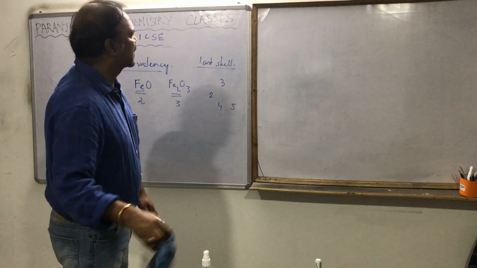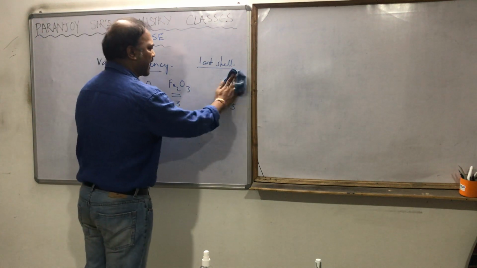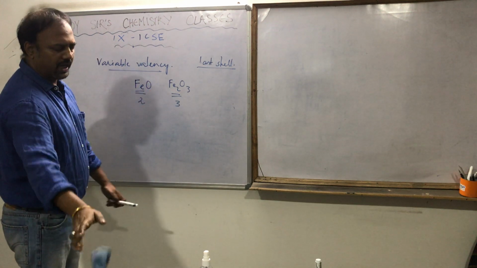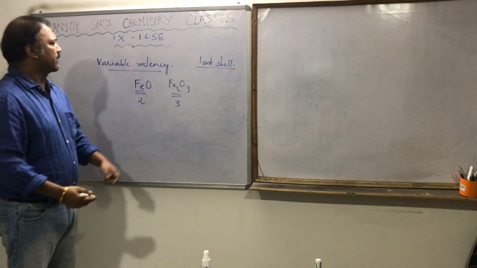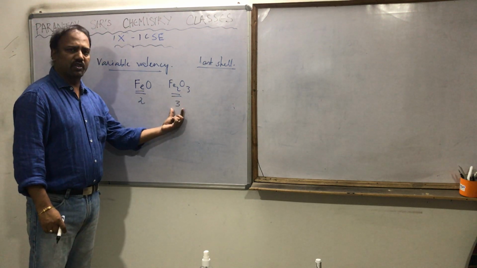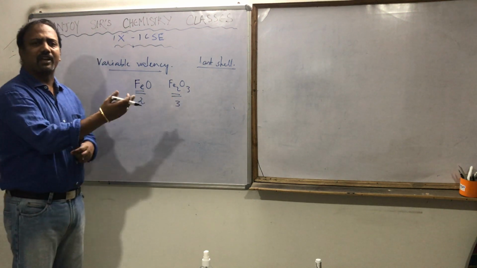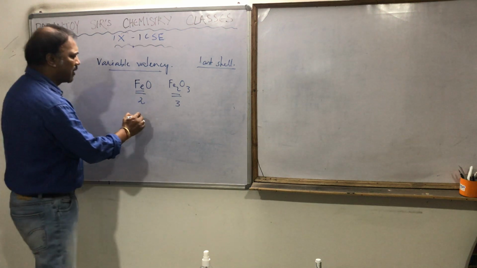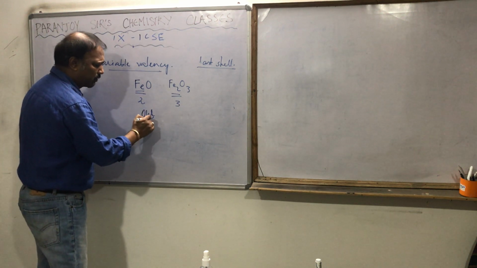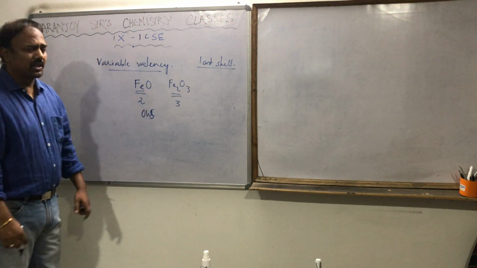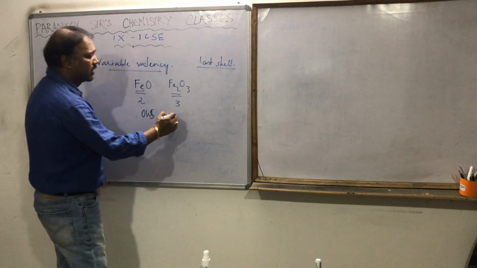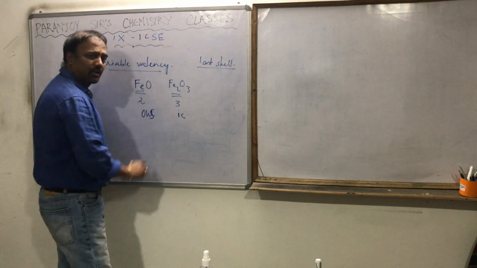Okay, now one more thing about variable valency you must understand. Suppose two compounds, here I have written two compounds. Here the valency of iron is 2, here the valency of iron is 3. The compounds where the valency is less are determined by the suffix -ous, O-U-S, and the one where the valency is higher, we determine it by -ic.